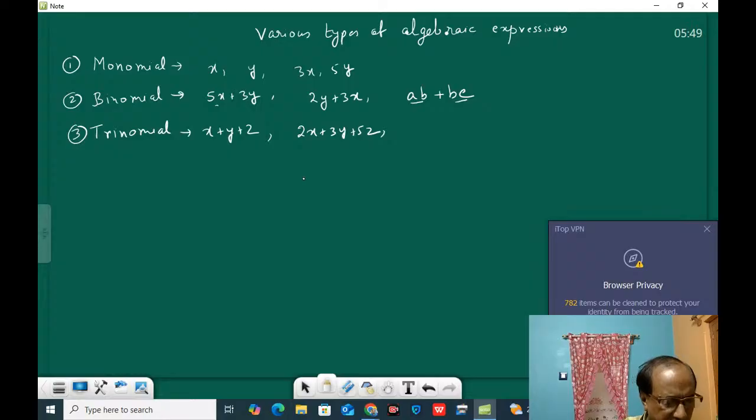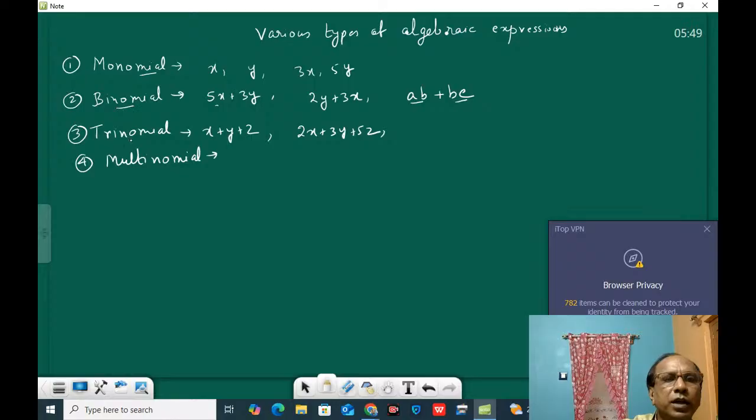Besides that, we have the fourth one, multinomial. An algebraic expression containing more than one term is called a multinomial. Consequently, binomials and trinomials are multinomials, having more than one term.